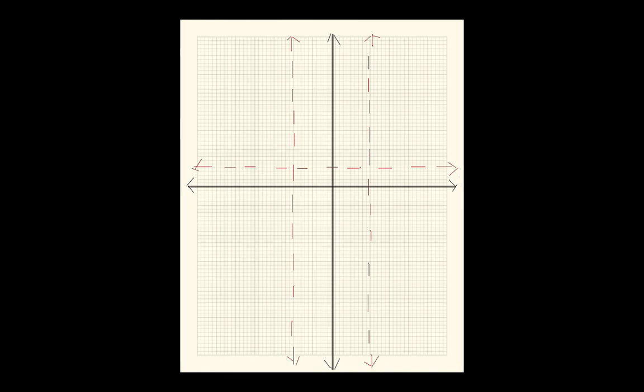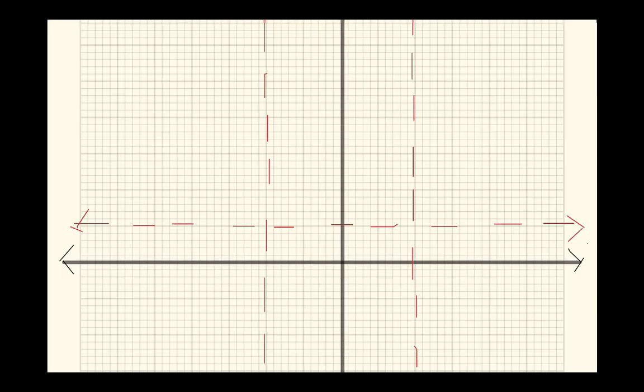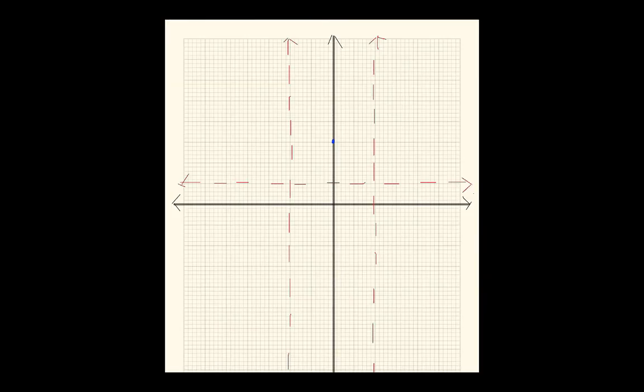Okay, next comes our intercepts. Our intercepts are, what do we say? -4, 0, and 3, 0, and then 0, 3. So I have one at 1, 2, 3 right here. We said -4, 0, which is 1, 2, 3, 4 right here.